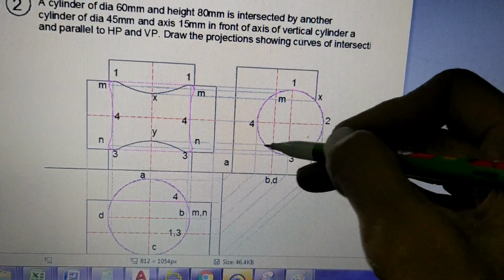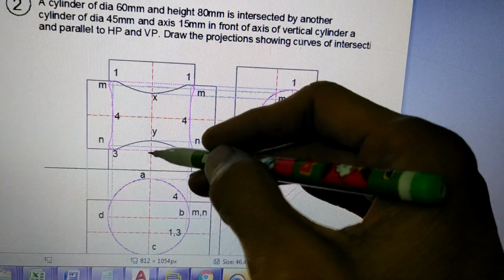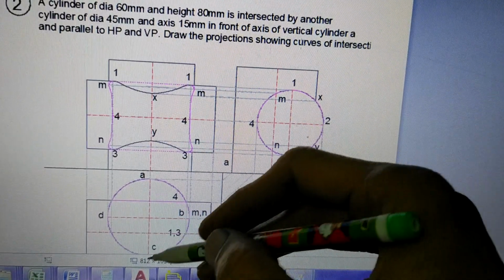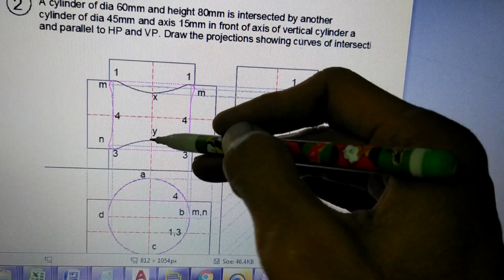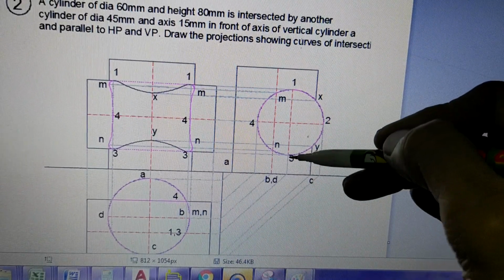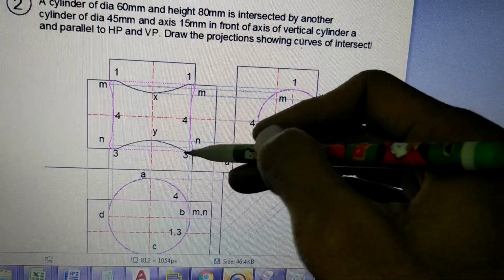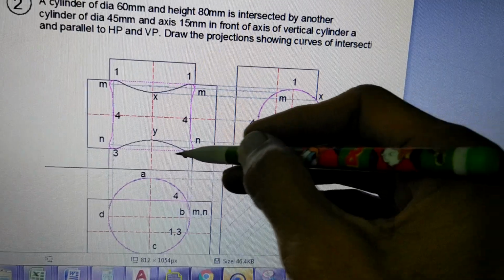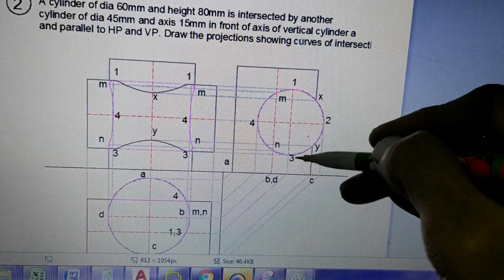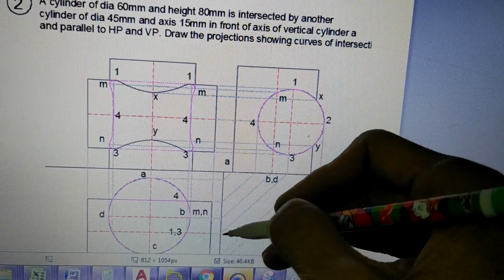Y, where is Y? Same like X, Y is on C, this is C, this is the height of Y, so Y is here. Then there is 3, 3 is here, so at this height draw the generator, cylinder is up to here. So this is going to be point number 3 somewhere. Where is the top view of 3? Top view of 3 is here.